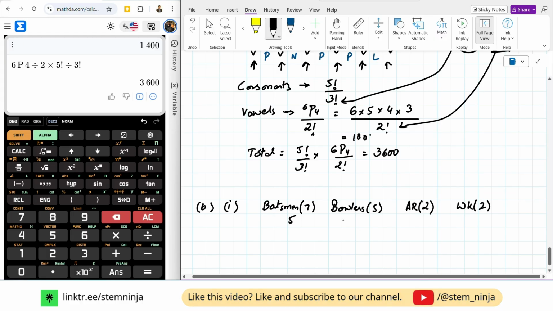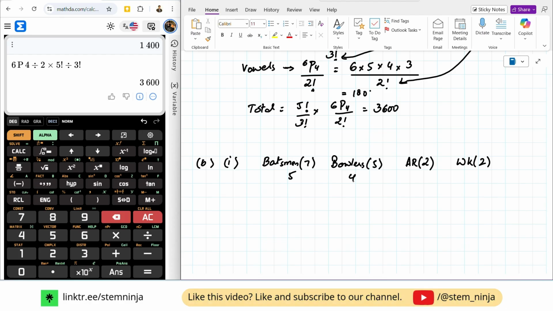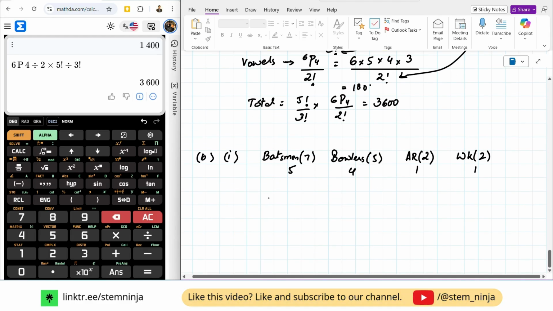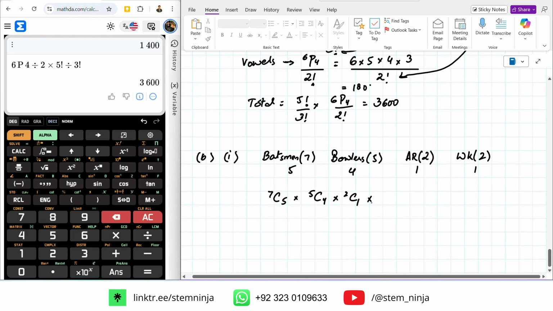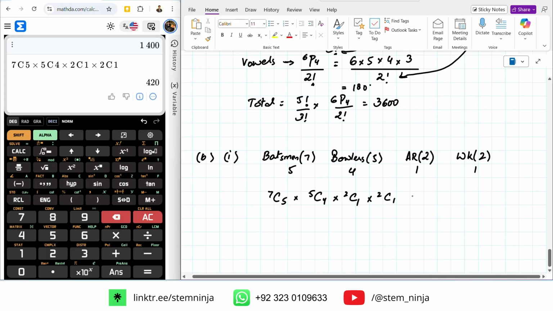Right, and we need, wait, sorry, I forgot. 5 batsmen, 4 bowlers, 1 and 1. So if there are no other restrictions, that would be 7C5 times 5C4 times 2C1 times 2C1. That is going to be 420.